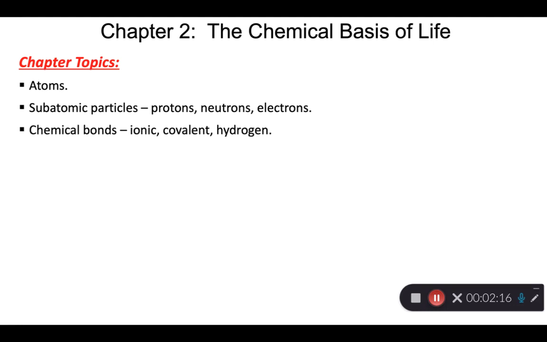Chemical bonds are how we're going to make larger molecules. If you remember, an atom is the smallest unit of matter, but you can put more than one atom together using chemical bonds, and now you have a larger molecule. Then we're going to talk about what we mean by polar versus nonpolar and hydrophilic versus hydrophobic.